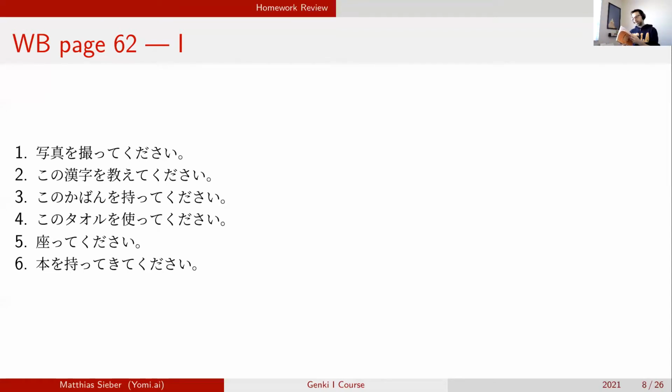And then actually, there was another one. Roman numeral 2. Okay. So write 3 request sentences using te kudasai. Indicate in the parentheses who you are going to ask to do those things. So what do you have for that? Maybe let's do one each. I wrote down for Katsuya-san, tatte kudasai.